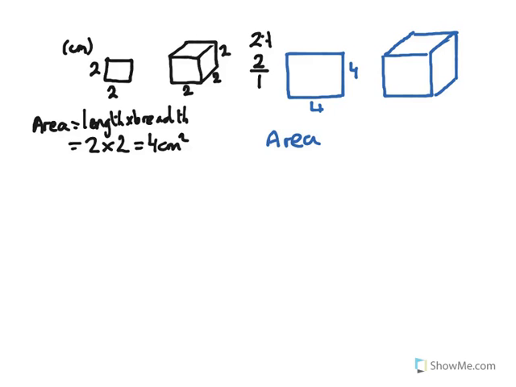Well, instead of calling this length here 2, we actually know that it's 2 centimeters originally, and then we've doubled it. And this can also be thought of as 2 centimeters doubled. So the area of our new square is the 2 centimeters that we had originally, but doubled, multiplied by the 2 centimeters that we had originally, that's also been doubled.